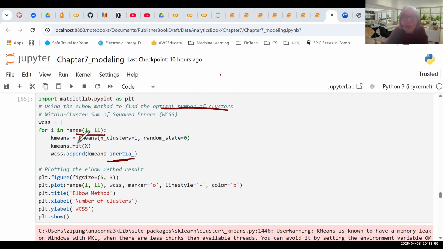And for each of that, you do the K-means, and you collect the inertia. The inertia is basically the WCSS value. After that, we can plot the inertia versus the number of clusters. Then let's see what it looks like.